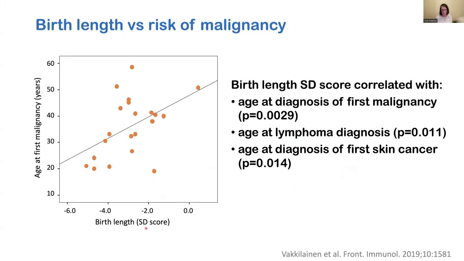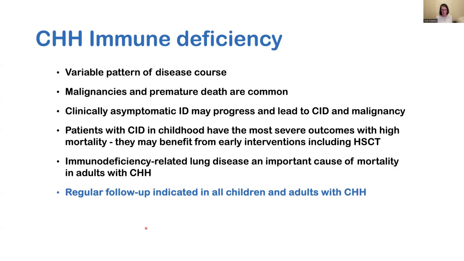The severe disease early on seems to predict a severe disease course. So to summarize just this immune deficiency part, there seems to be an extremely variable pattern of disease course. There are a lot of malignancies, and premature death is common.